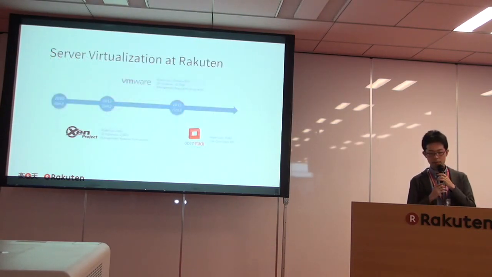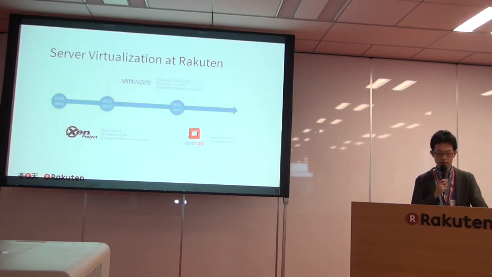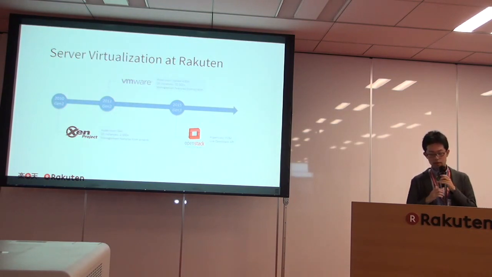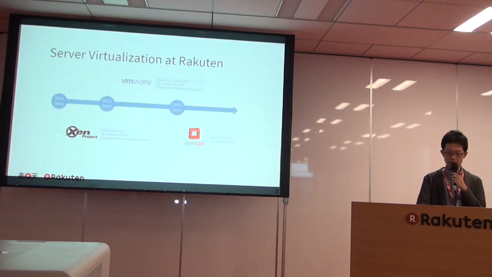Let me look back at our server virtualization history. We began server virtualization with Xen Hypervisor, and the number of instances reached around 2,000. Then we migrated to VMware ESXi-based server virtualization.